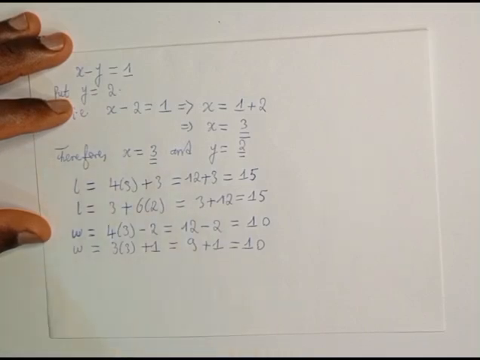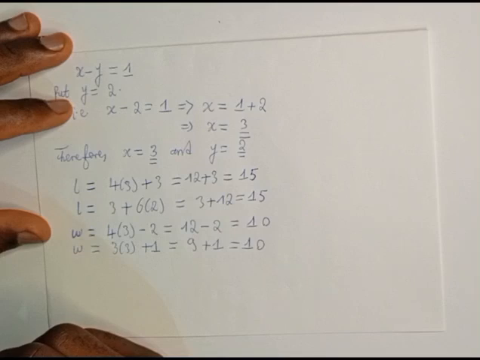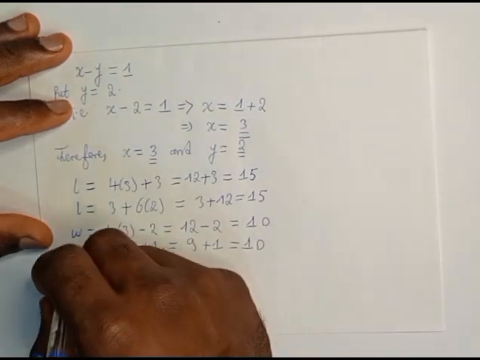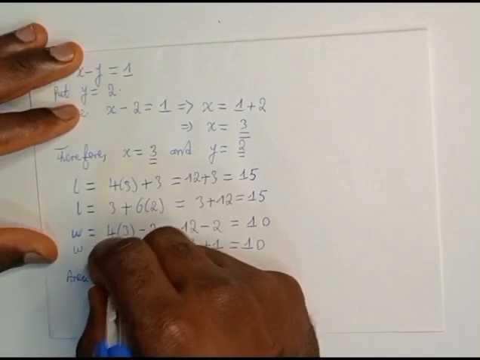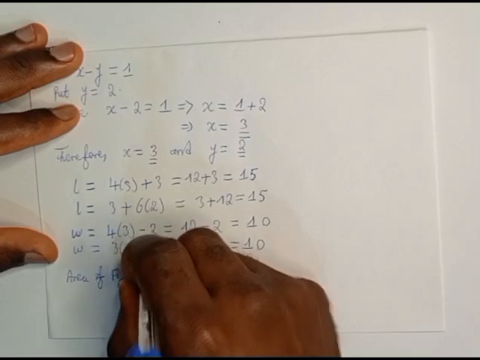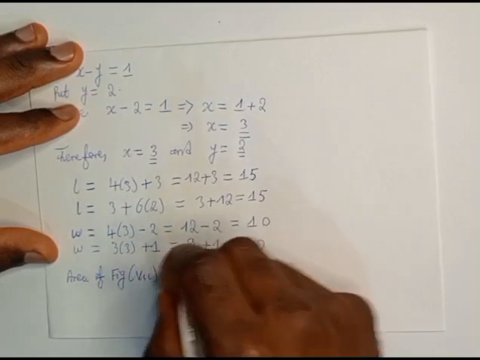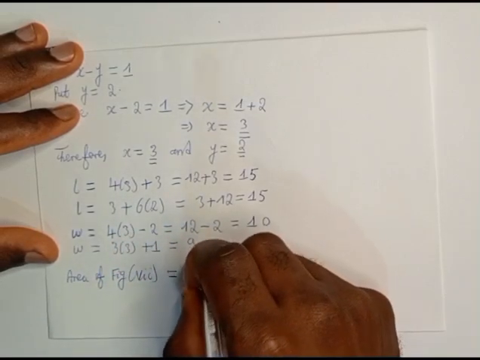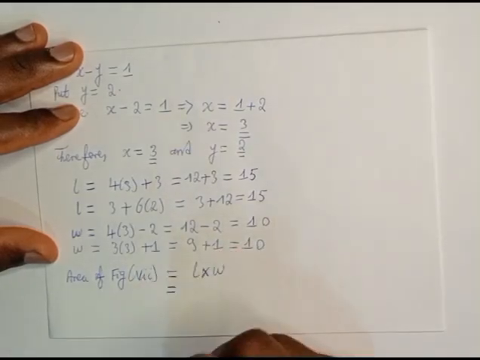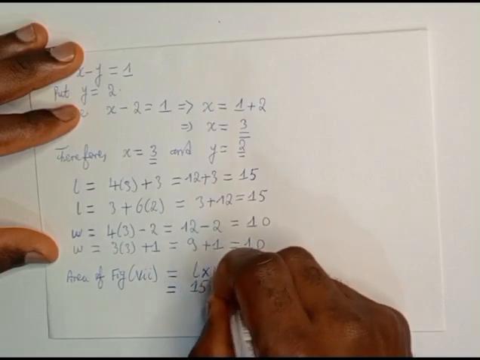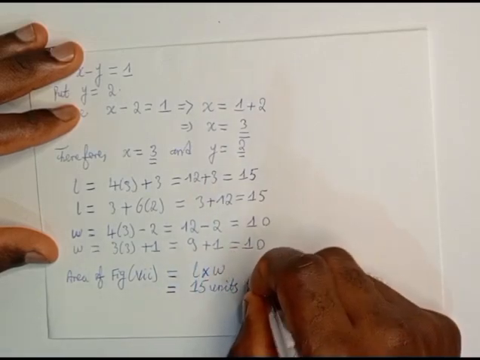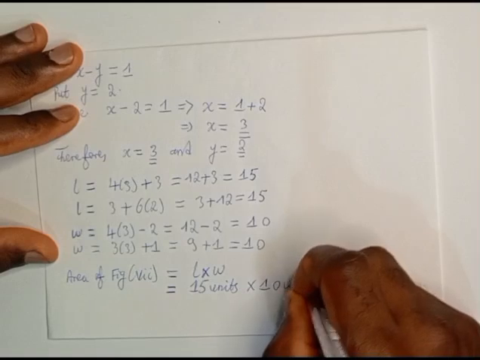Knowing the length and the width, it is very easy for us to calculate the area of figure 7. Now let's calculate the area of figure 7. Area of figure 7 is simply equal to the length times the width, which is equal to the length, 15 units, times the width, which is 10 units.